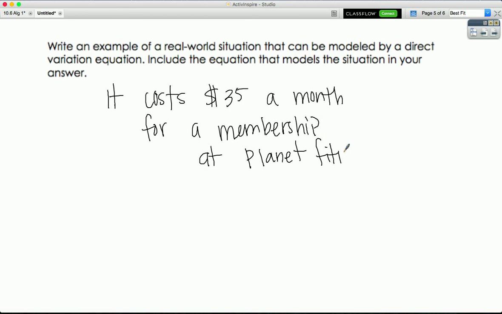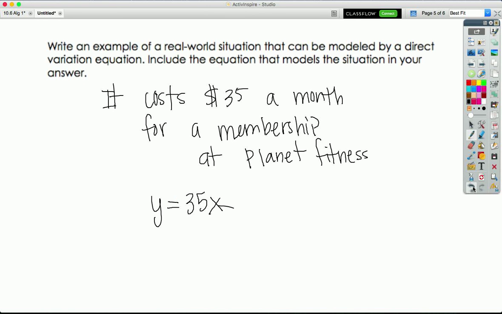So if that's true, I can write an equation that models that scenario by saying the total cost can be found by 35 times the number of months. So that would be my scenario, that would be my equation, and because y is equal to a number times x and there is no starting cost, it's just 0, this would be a direct variation example.